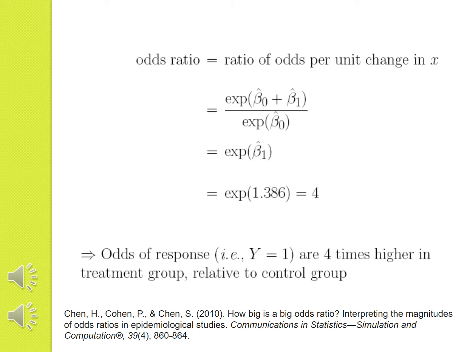If you do a little bit of math and know a little bit about how exponents work, then you will see that the odds ratio for the response here is the exponent of the 1.386 that we calculated before, and that is 4. So the odds of the response are 4 times higher in the treatment group relative to the control group. And that's a large odds ratio.